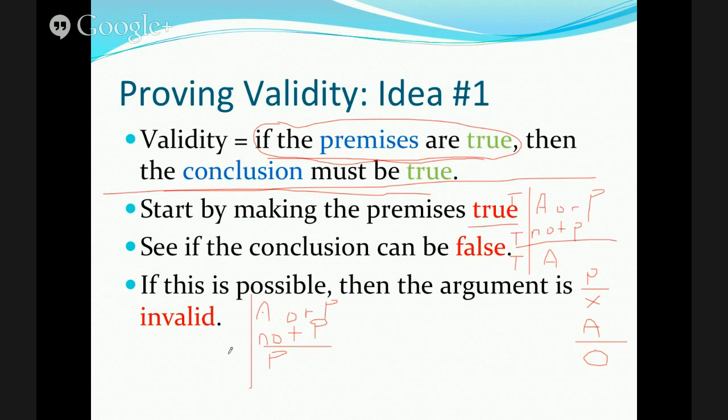So again, start by trying to make our premises true. So the only way to make not P true is to make P false. And the only way to make A or P true is to make A true, because P is false. But if we do this, now P is false. So an argument where you can have all true premises and a false conclusion is an argument we call invalid.